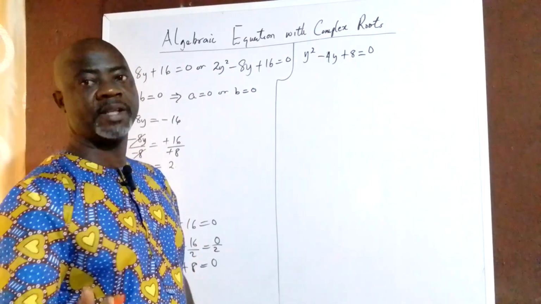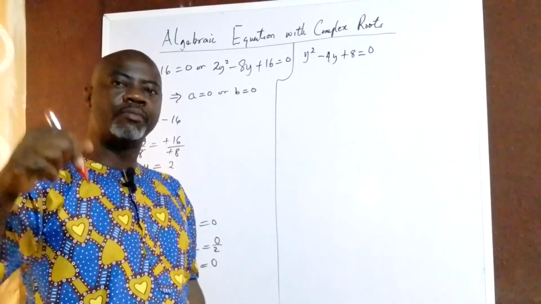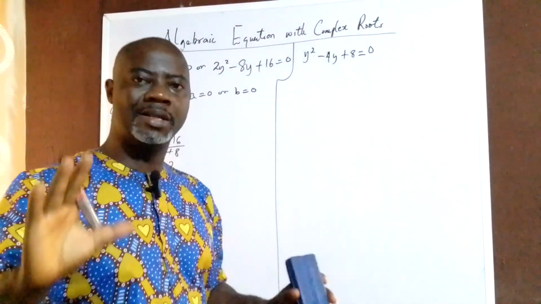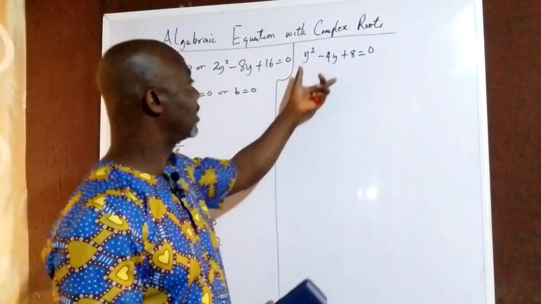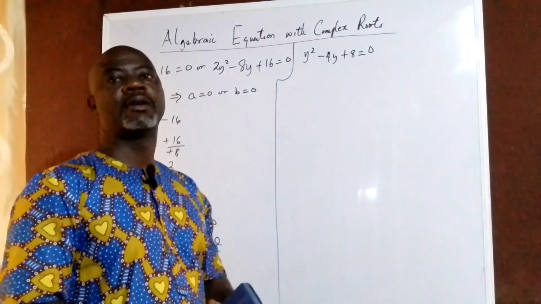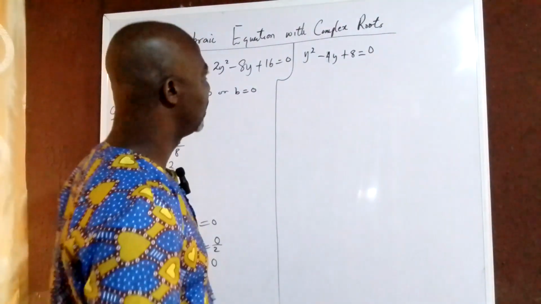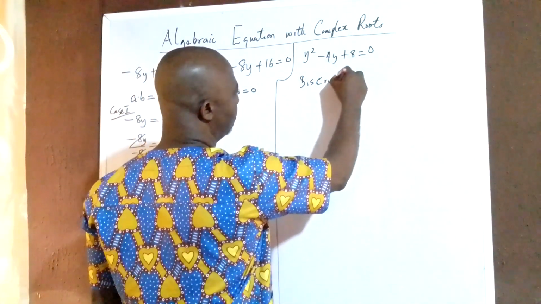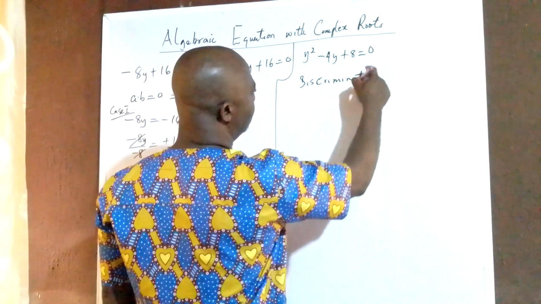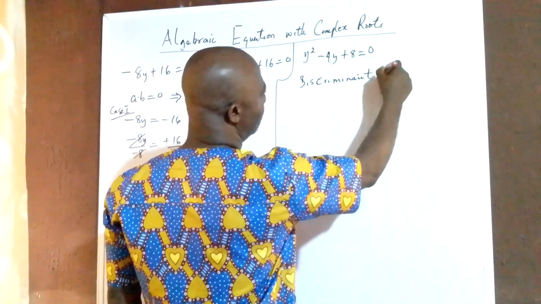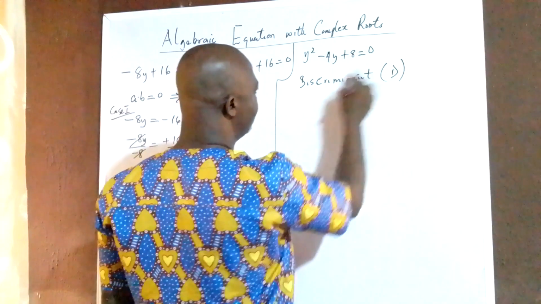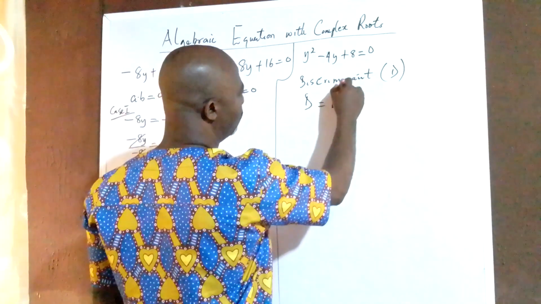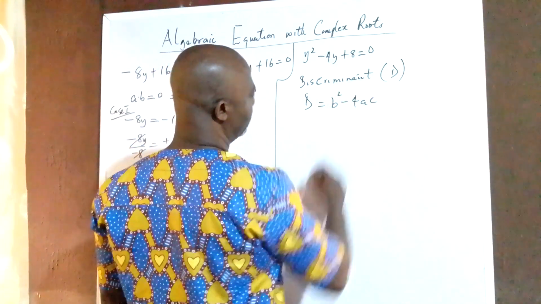There is a property of quadratic equations that enables us to easily, at a glance, know if a quadratic equation has factors. And that property is known as the discriminant D. And this D will be equal to b squared minus 4ac.